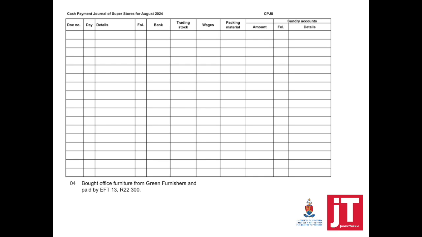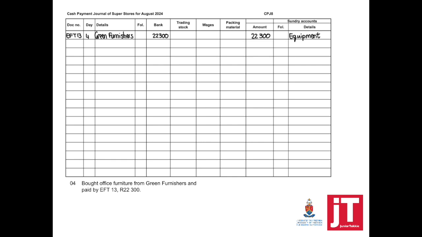Moving on to the CPJ. Day 4, bought office furniture from Green Furnishers and paid by EFT 22,300. We start with the source document, EFT, and the number, on which day did the transaction take place, from who did we purchase, for how much, for what reason, and that is equipment.